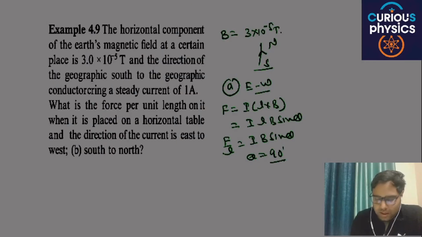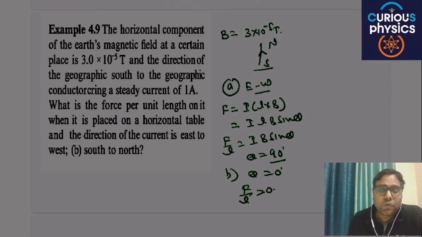You will get your answer. In the second case, theta is 0. The force per unit length will also be 0, because in the second case the direction of current and magnetic field are the same. So this question can be solved simply by the formula ILB sine theta. Are you able to understand my point or not?